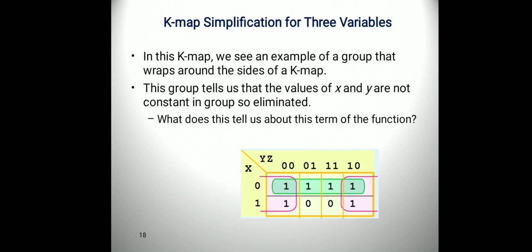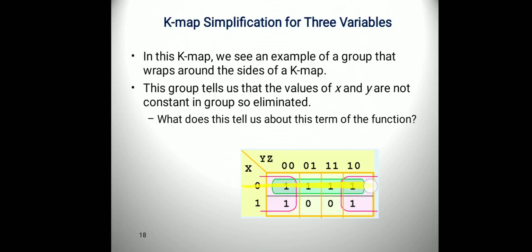Here, by the green line, this is one group and this is the second group. Then we see what the output for this function is. See here, in the first row, x is equal to 0 throughout.